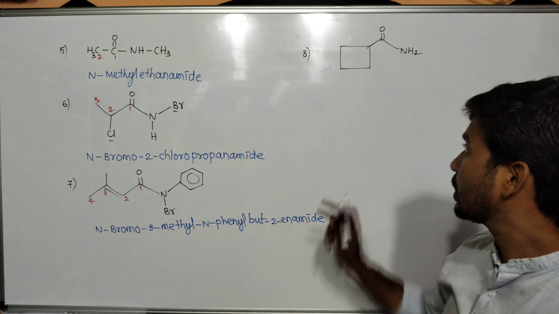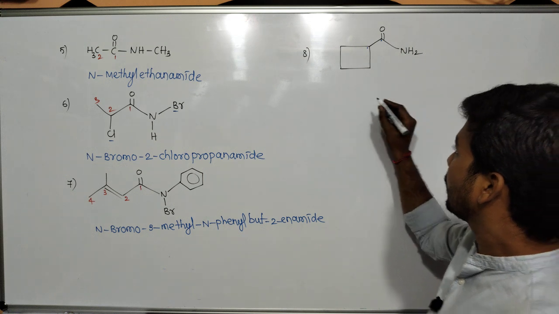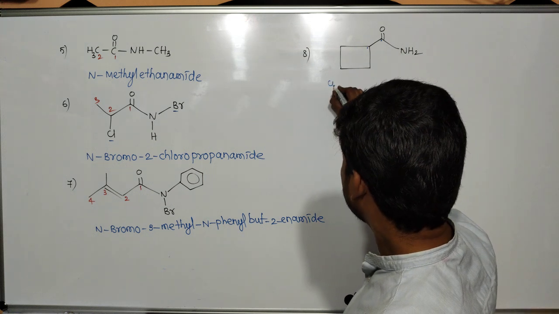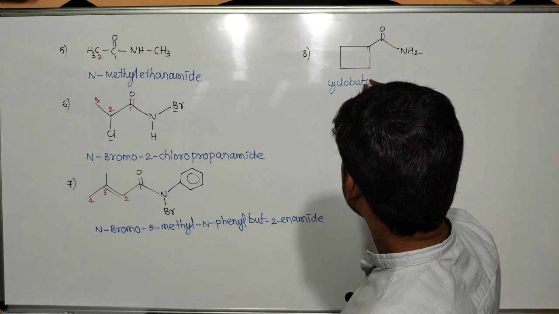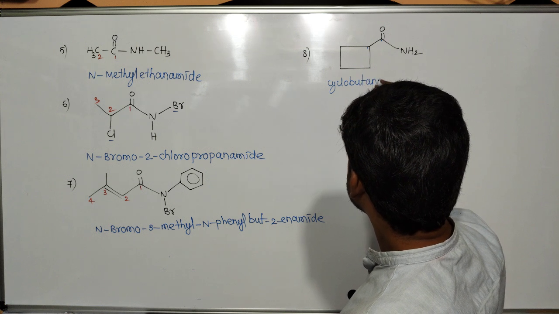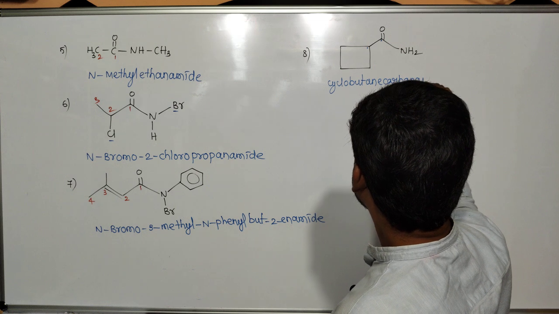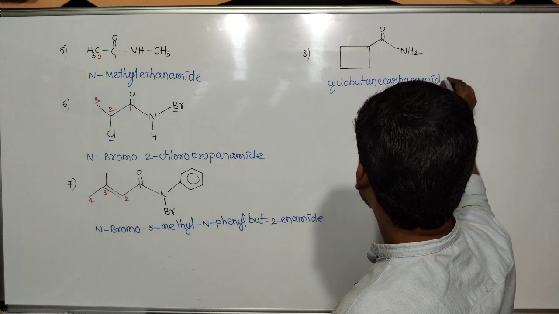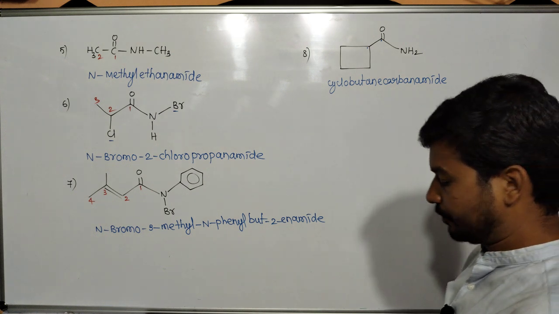In this case, do not write amide, write carbonamide, cyclobutane carbonamide. The IUPAC name is cyclobutanecarbonamide. Cyclobutanecarbonamide is the IUPAC name of this molecule. Next.